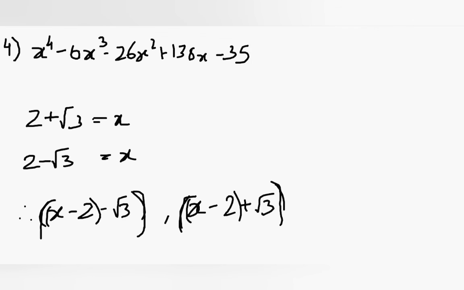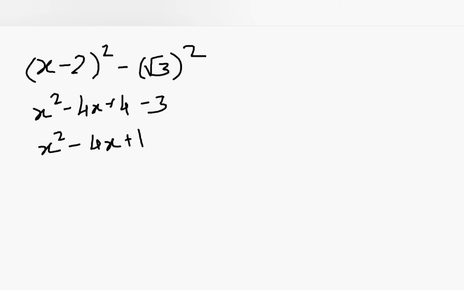What we have to do now is divide the given polynomial by this polynomial, and the quotient we get will be a cubic polynomial. We just have to factorize it and you will get your answer.